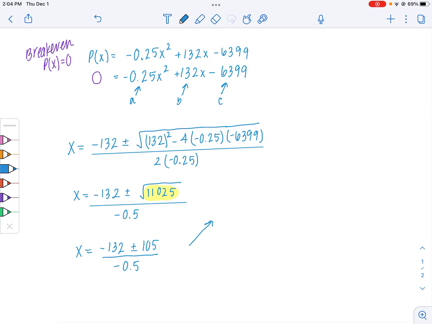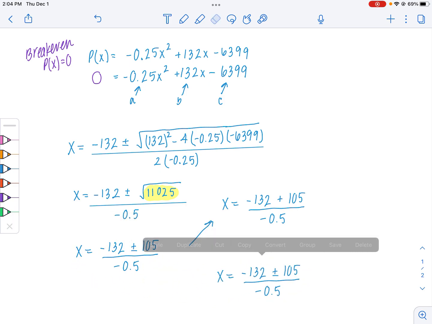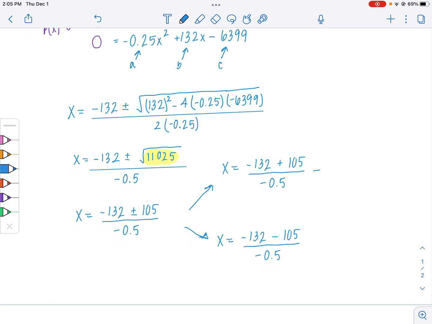When you make your first equation, this one has a plus sign. And then the next one would have the subtraction sign. So now you just need to go through and solve those. One thing, if you remember anything about quadratic formula, is you want to simplify the numerators first.